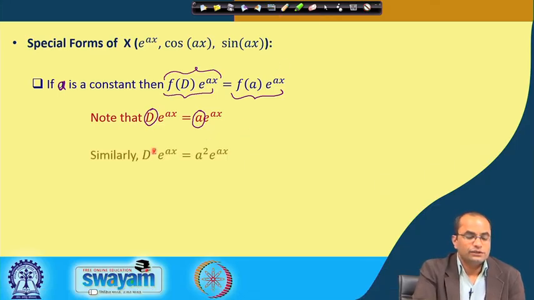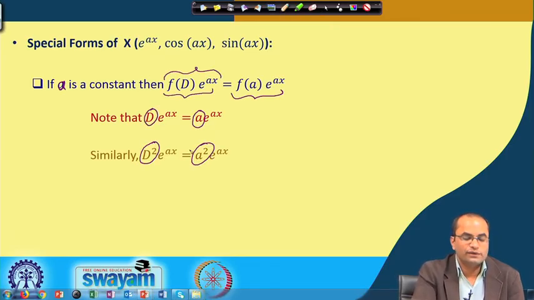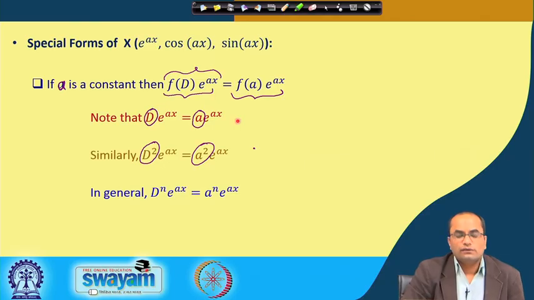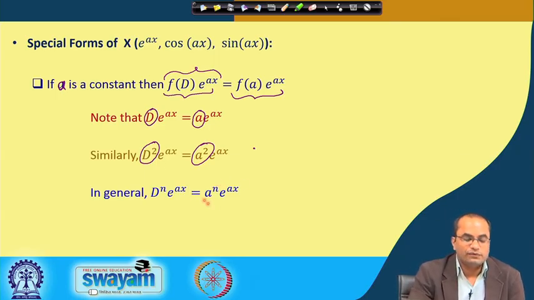Same thing, if we do this 2 times, we will get a square with this e power ax, and again the same rule, that D square is replaced by the a square term. So, if we continue this in general, we will get D power n e power ax, and this will be replaced by simply a power n e power ax.